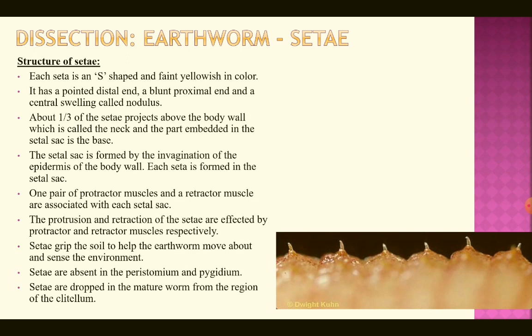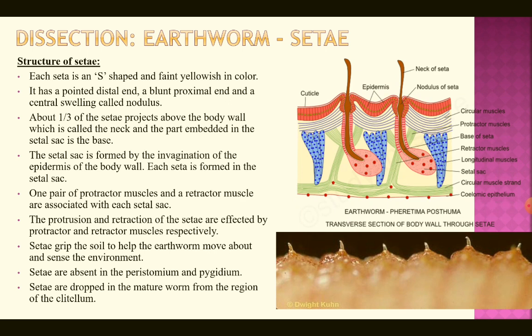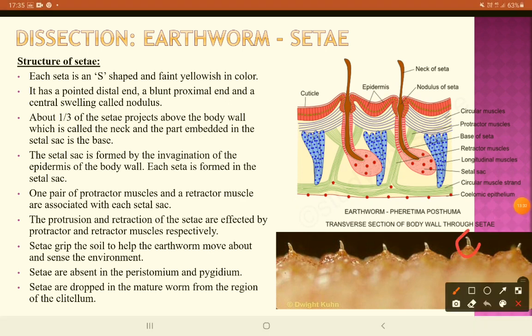Now if you look at the structure of the setae, each seta is an S-shaped structure. This is the diagram that shows how setae are formed from the setal sacs. Each seta is S-shaped and faint yellowish in color. Here you may not be able to see the S-shape, but here you can clearly see it.